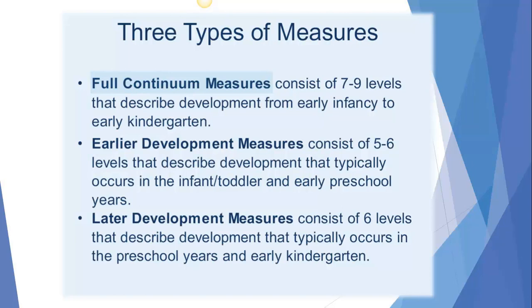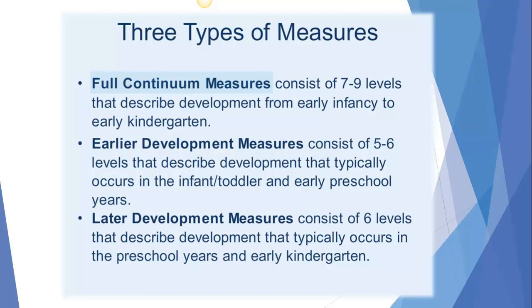All right, what is this? Is it a full, an early, or a later? Early. What tells you it's an early? We can't rate it in these later developing categories, right? This is later, most likely in preschool. So we have these in infancy.